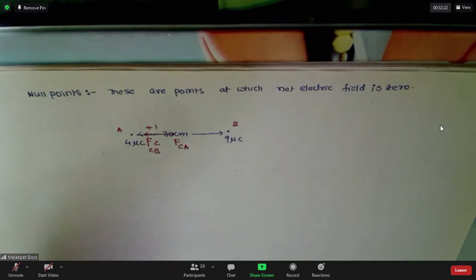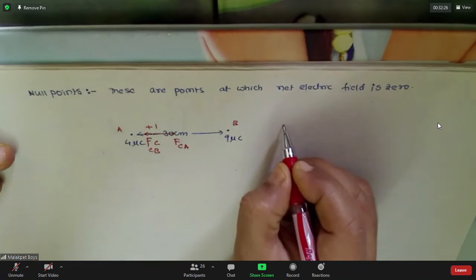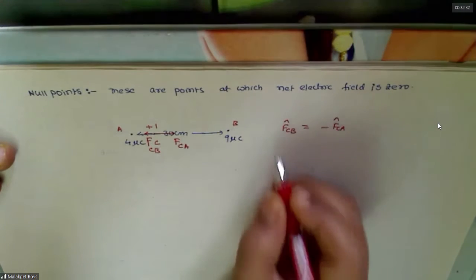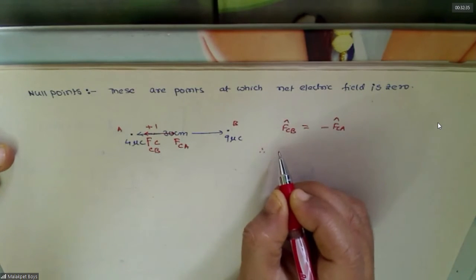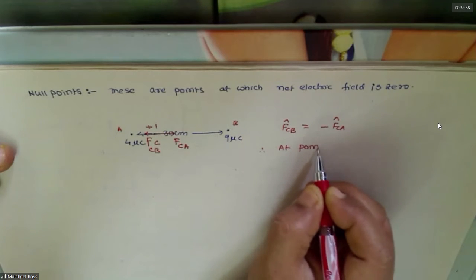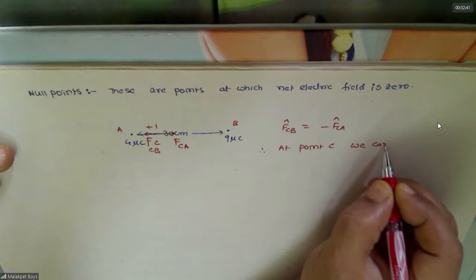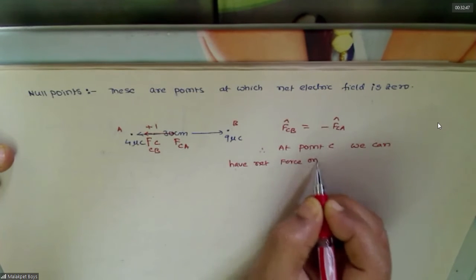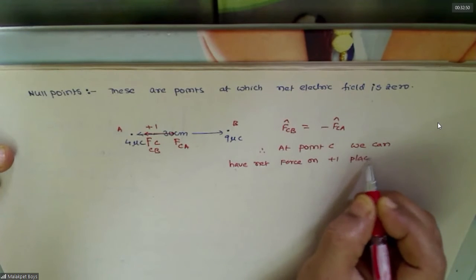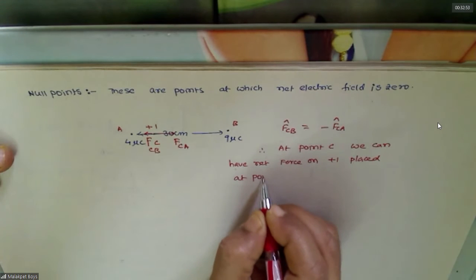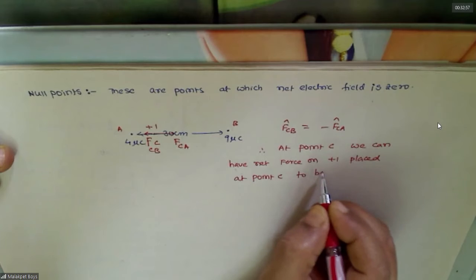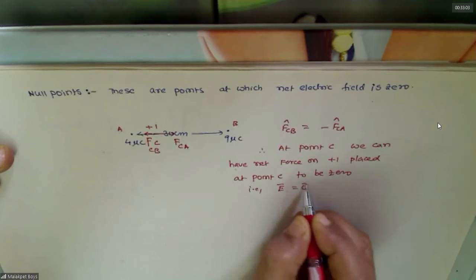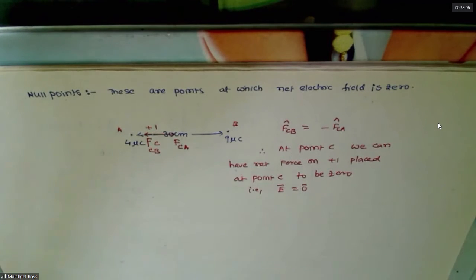Now you can see the force on C, therefore at point C the electric field can be zero. So the net force on the plus one charge is only the electric field.